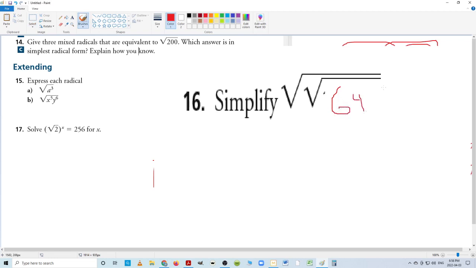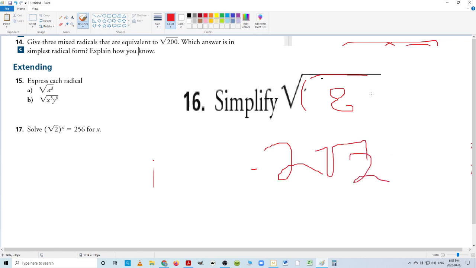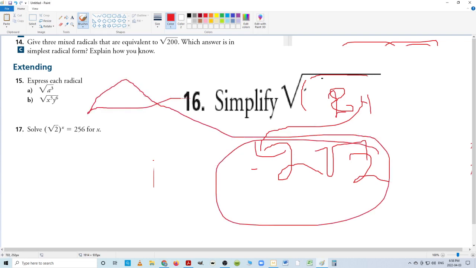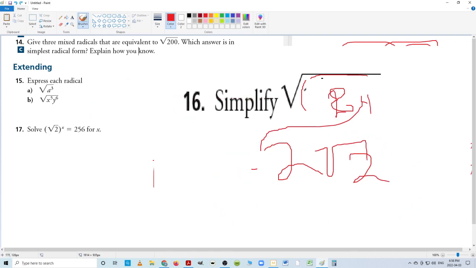Then we can just focus on this earlier one. What's the square root of 64? It's 8. So really they're asking us to simplify the square root of 8, which we know is 2 times the square root of 2, because it's 4 times 2 in here, and the 4 comes out. So the answer to that long, big one is simply 2 times square root of 2.